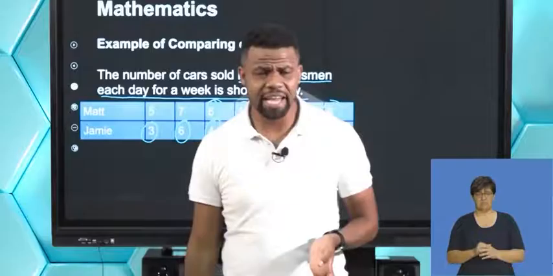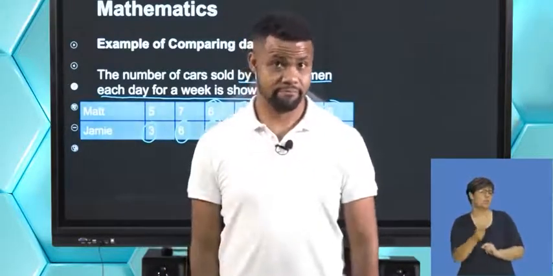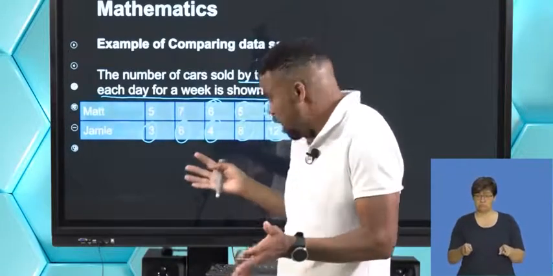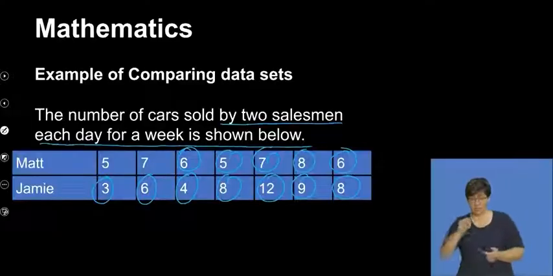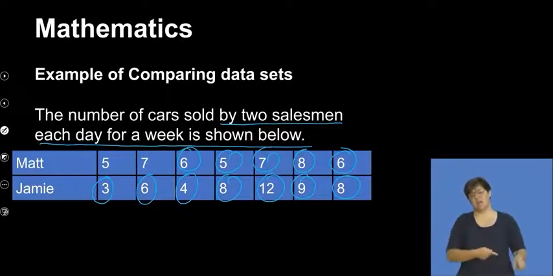By looking at the data, who is a better salesman? By looking at this, I can't even arrive at a conclusion. I can see that Jamie sold 3 cars, Matt went 7, 5 on day 1. Can I conclude based on that and say, yeah, on day 1, Jamie sold 3, Matt 5?